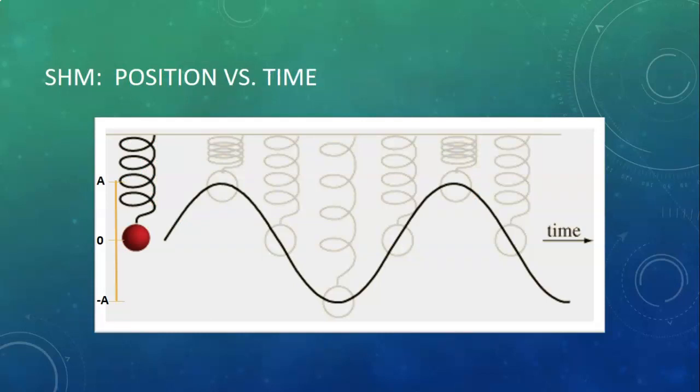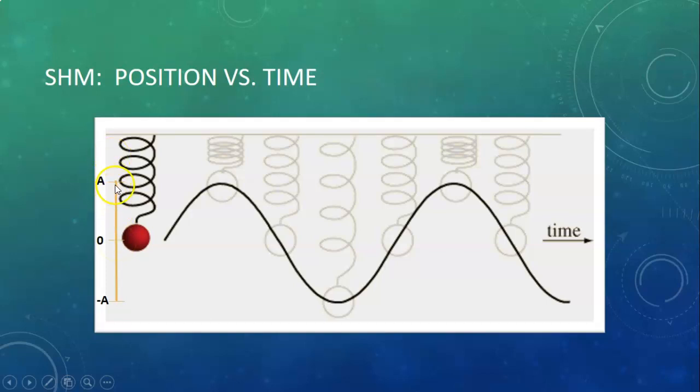So let's take a look at an example here. This one's not going to move for you, but imagine this mass on the end of the spring vibrating up and down. This is the equilibrium position, the position it's in when it's at rest and not going through its vibrations. If it vibrates back and forth between this high position and this low position, then the distance from equilibrium to here is the amplitude, and this would be the amplitude on the other side.